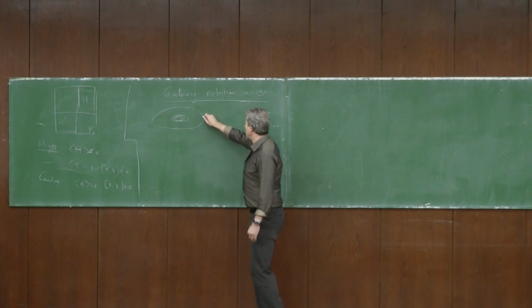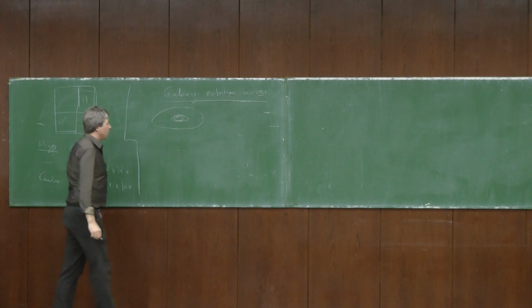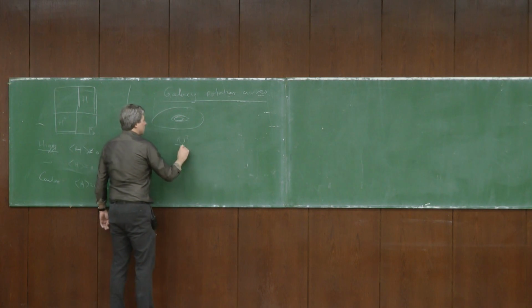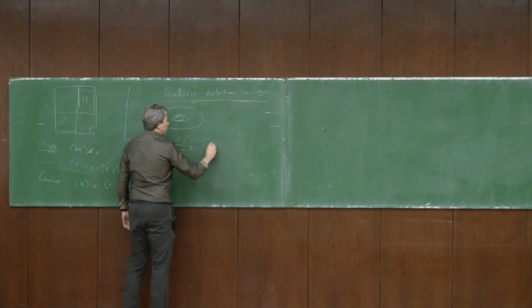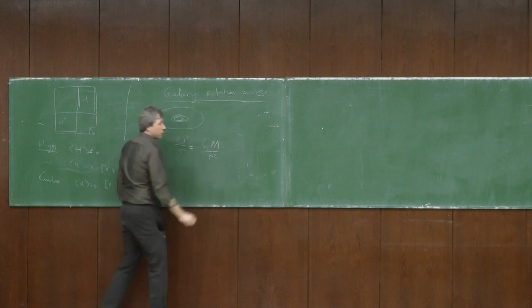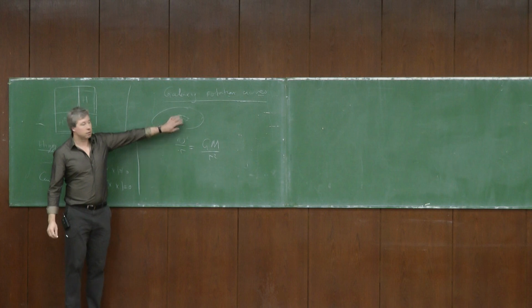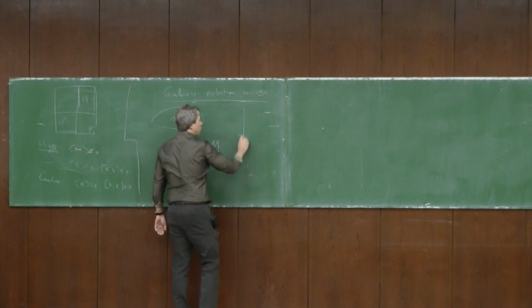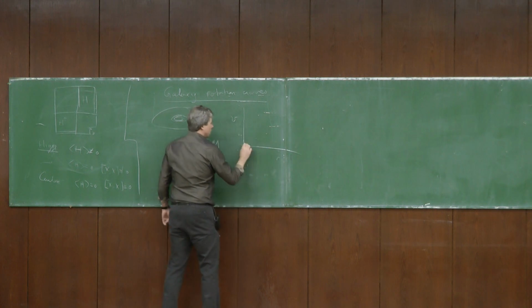You look at the velocities of objects rotating around it using Doppler shifts. Newtonian dynamics would tell you that v squared over r goes like GM over r squared. If you only took the baryonic matter, you would expect the velocity profile, v as a function of r, to do something like this.